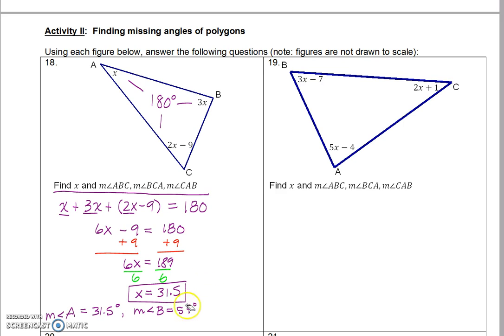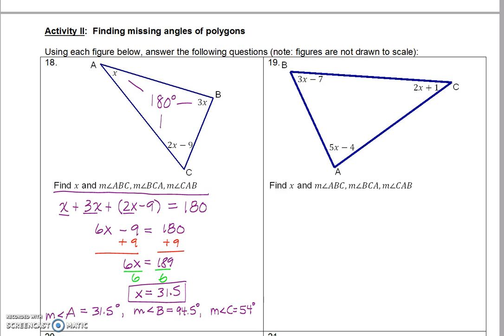Strike that, I was reading the wrong answer. 3 times 31.5 is 94.5 degrees. And then finally, 2 times 31.5 minus 9 says that the measure of angle C is 54 degrees. That's the one that's 54 degrees. Okay, so that's what your work needs to look like.